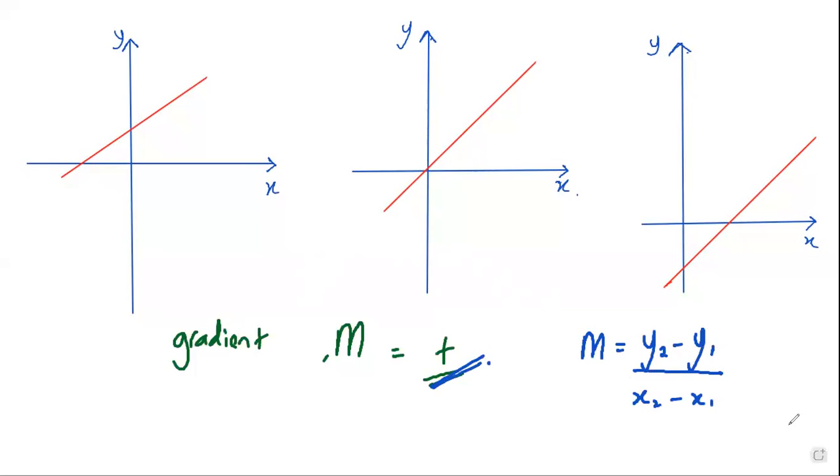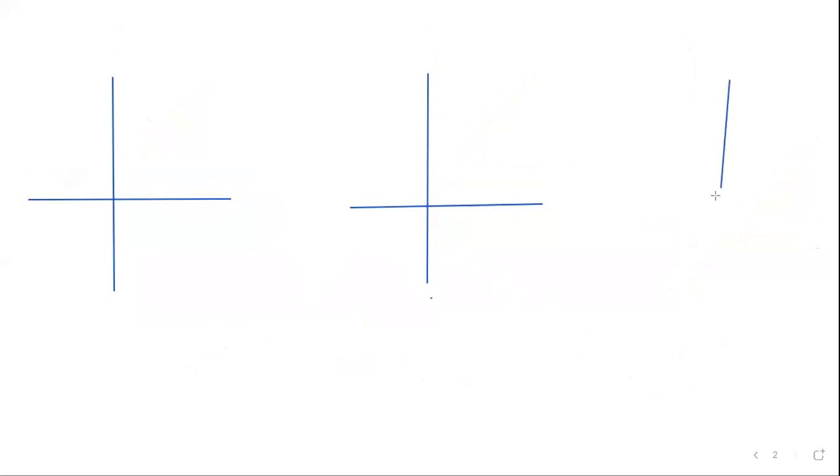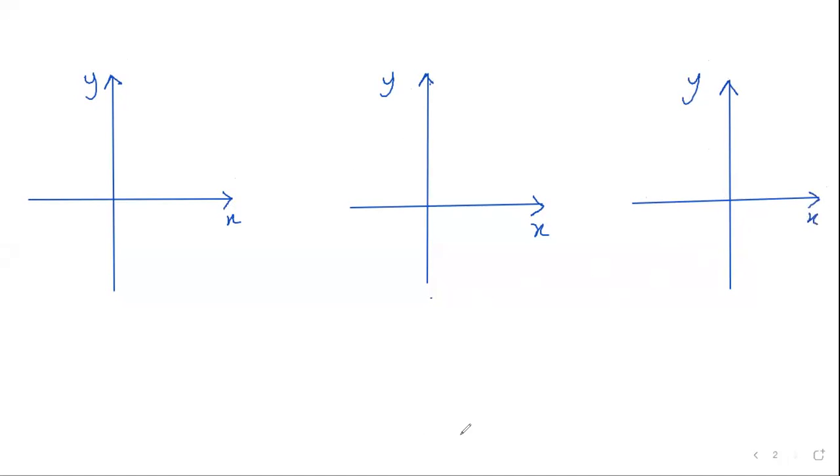Then when will it be negative? See here. Let's say we have three other possible graphs. Again, all the graphs are y against x. Let's look at these graphs.